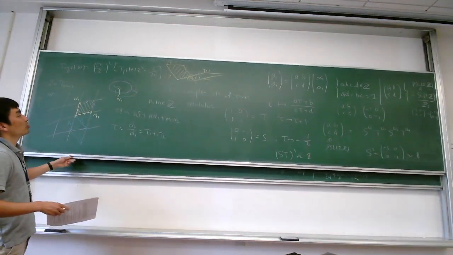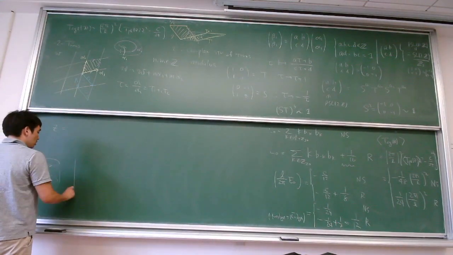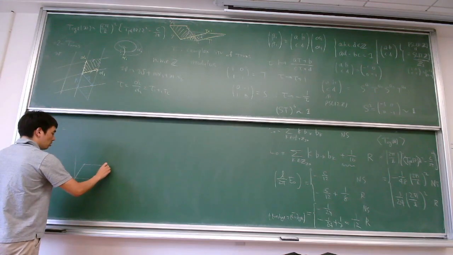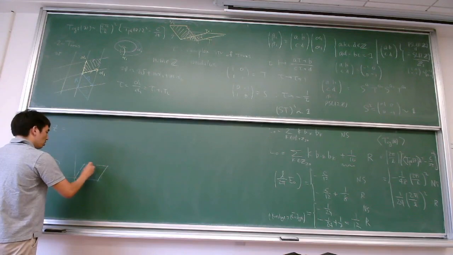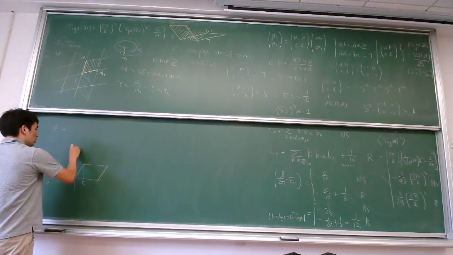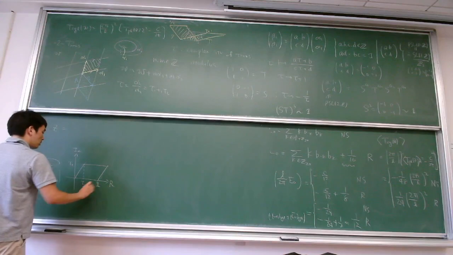I think I should write it down here. So here is tau 1, the imaginary part, the real part, and 1.